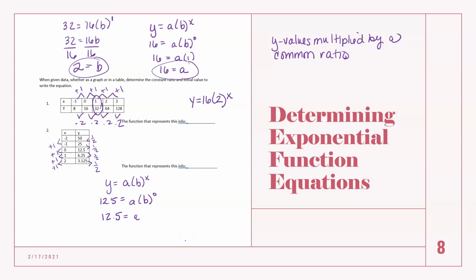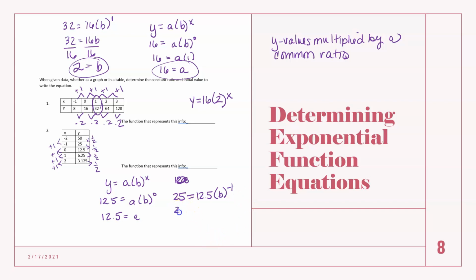Okay, so now I'm going to use a different set of points. I'm going to use 25 and negative 1 to plug in again. I know what a is now, so I have 12 and a half. I'm sorry, 25 goes in for y. So 25 equals the 12 and a half I just solved for, and then I have b to the negative first power.